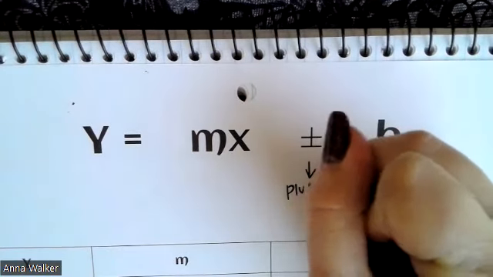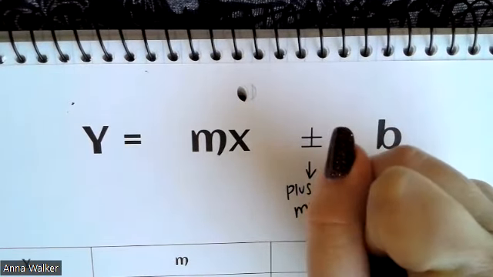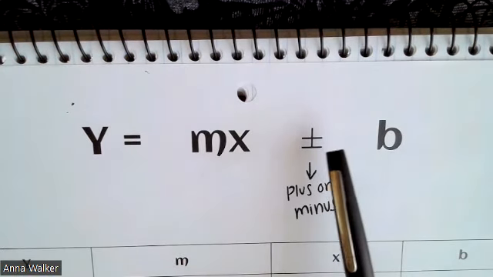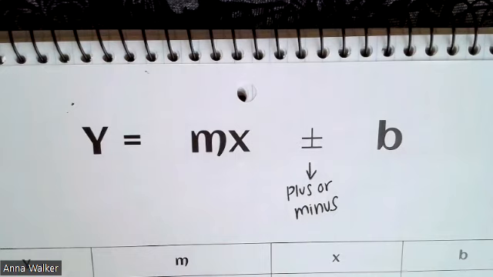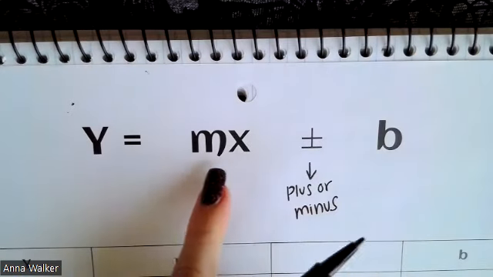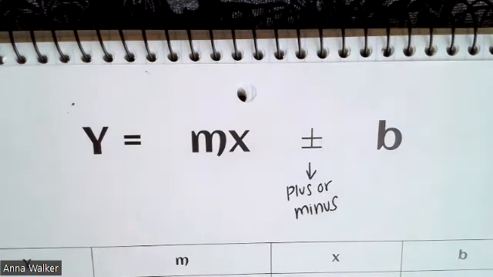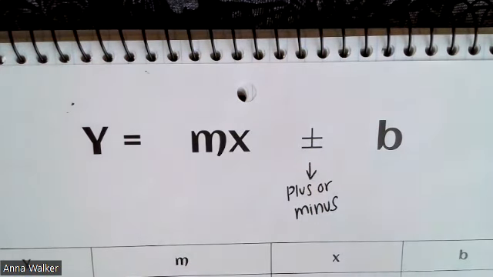So plus or minus, meaning in our formula, we will either be adding this b, and we'll go over what b represents in just a moment, or we're subtracting b. So it really just depends on the line. We'll get a little bit more in depth as we go, but it means that this equation could be mx plus b or mx minus b. It just depends. We're not going to use plus and minus in the same formula. It just means it could be either or.